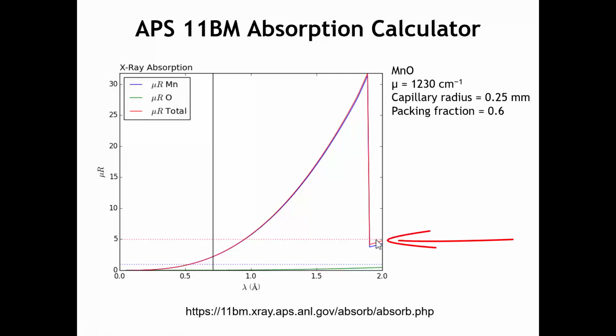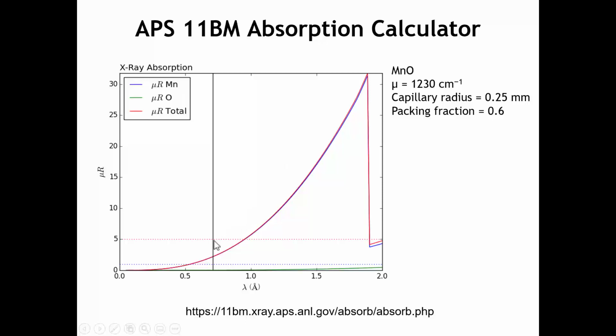We don't want to be above the red line. And a blue line, mu r equal to 1. We'd like to be at or below that line if we can. And then you can see the absorption of oxygen in green, manganese in blue, and the overall compound in red. And you can see from this that most of the absorption is coming from manganese, only a very small amount from oxygen.